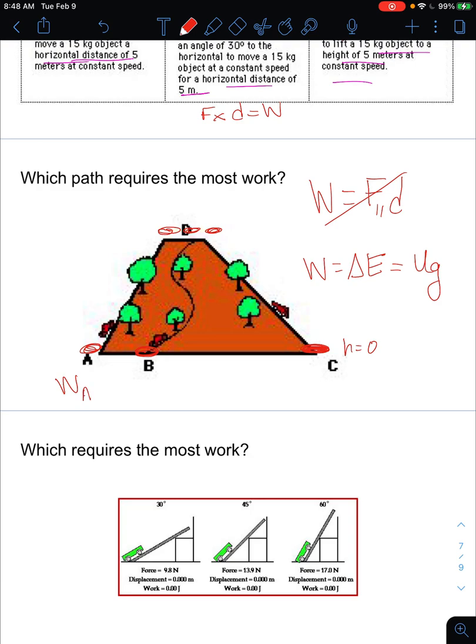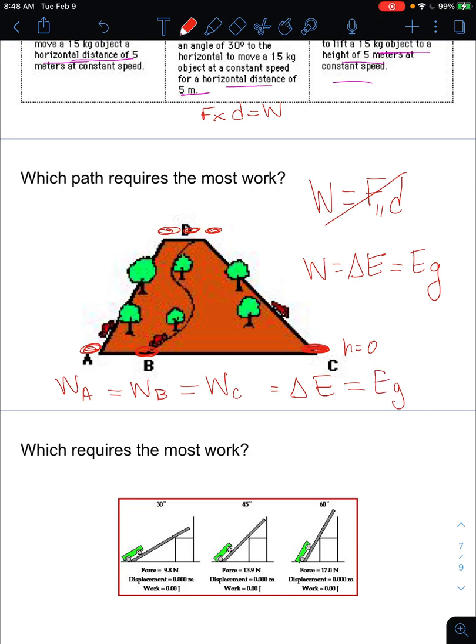The work done from path A is equal to the work done from path B is equal to the work done from path C, because it was the same change in energy for each one. And it's going to be equal to the gravitational energy, EG, that the car gained.